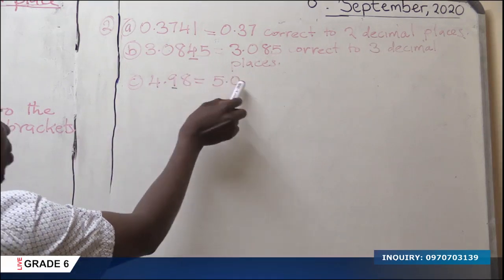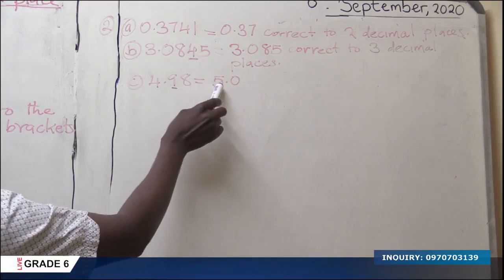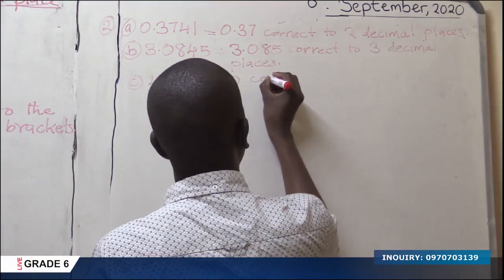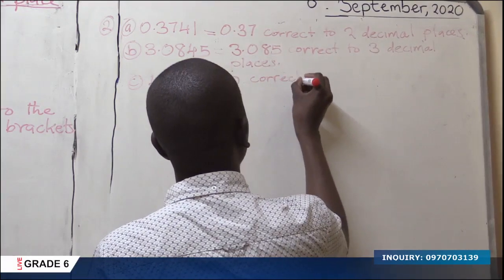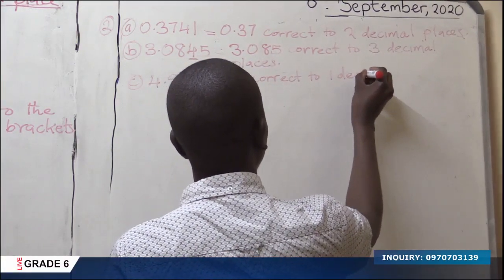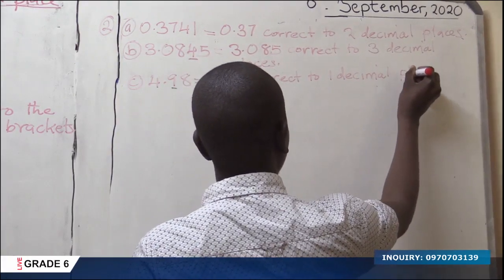You write the 0, then carry the 1 to where 4 is, then it will become 5. So it will be 5.0, correct to 1 decimal place.